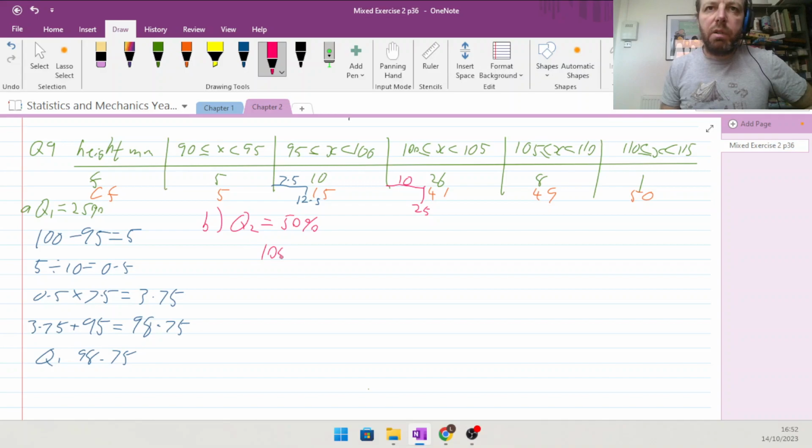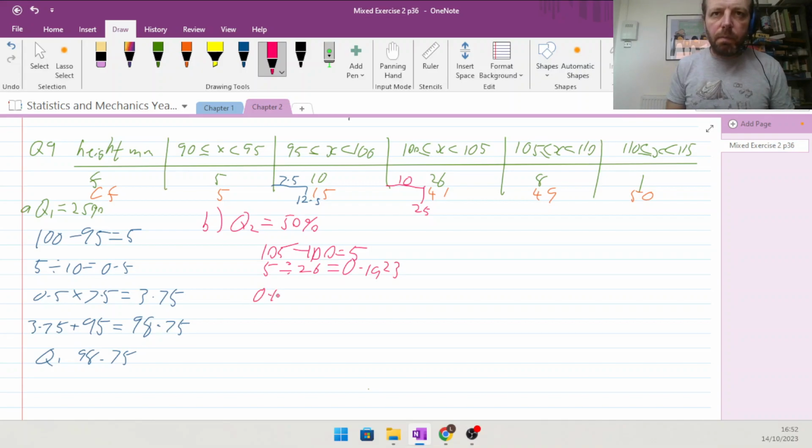We've got 105 minus 100, giving us 5, divided by the 26 people in this region. 5 divided by 26 is 0.1923. We multiply that by the 10 people to find out how far along we need to go, which is 1.923.